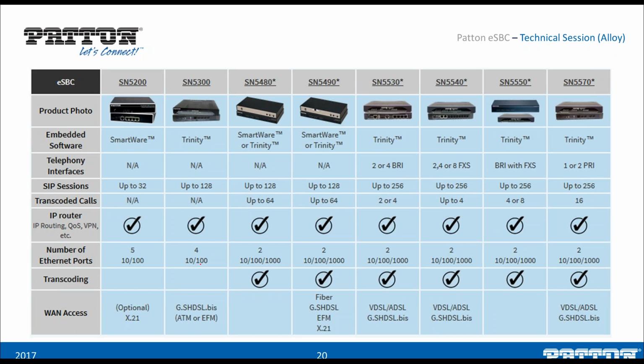All of these devices offer IP router functionality. You can look at the number of Ethernet ports. Other than the first two devices, all of these devices offer transcoding up to 64 calls, or 8 calls, or 6 calls, or 2 calls, depending on which model you are picking up.